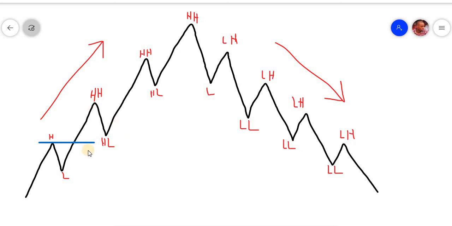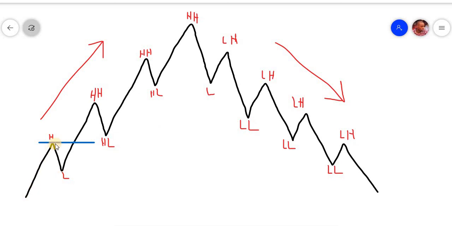Before I proceed, I would like to make us understand what I mean by swing highs and swing lows. These are swing highs, swing lows, and so on and so forth.